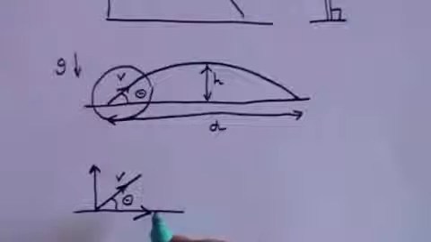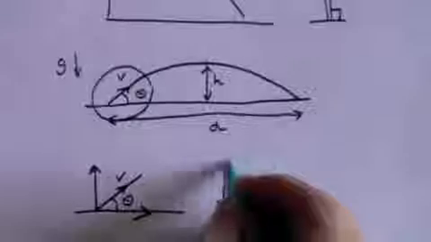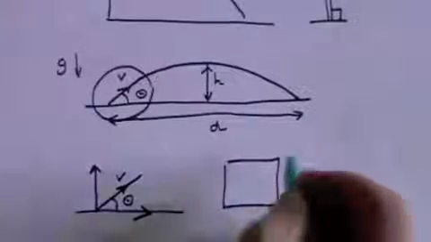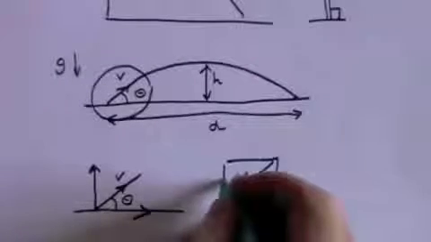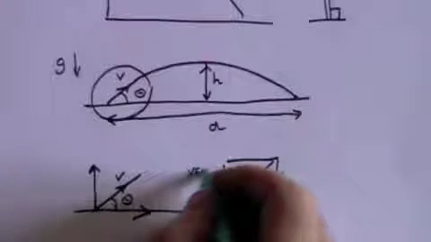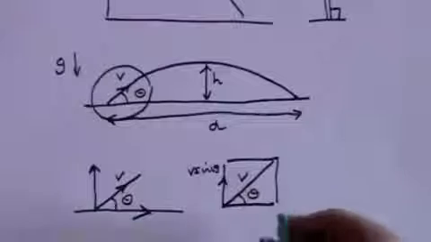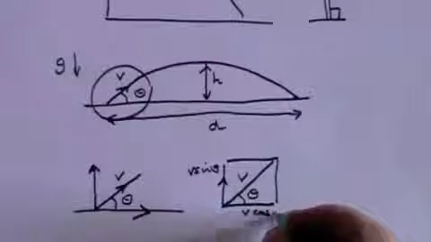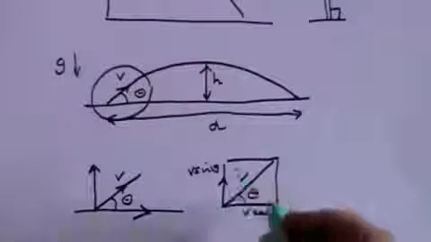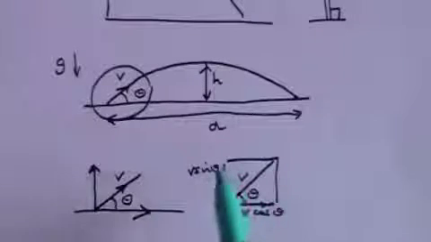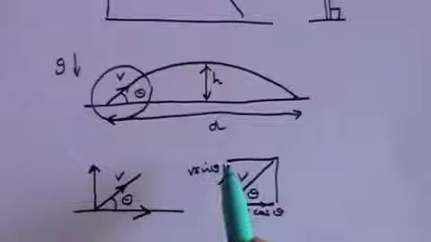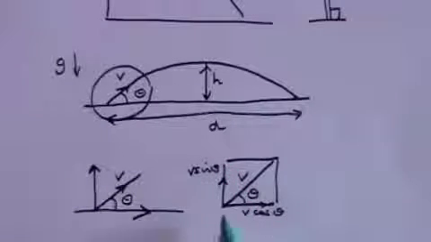And what are the values of those? Well, it's done like this. This is v, this is theta, this is v sine theta, and this is v cosine theta. So the components of the velocity v are v sine theta in the vertical direction and v cosine theta in the horizontal direction.